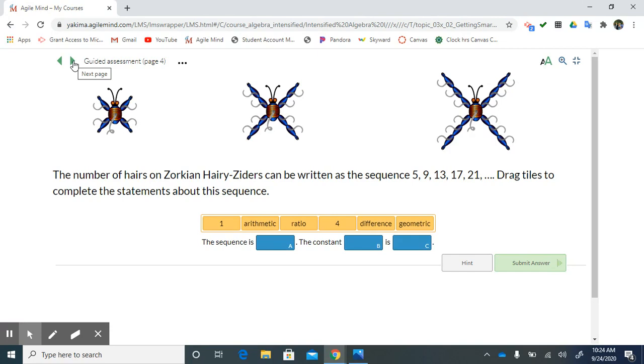Drag tiles to complete the statements about this sequence. I'll give you a hint, it's going to either be arithmetic or geometric. Who remembers if we're adding on 4 each time? You'll have to come off of mute and say it.